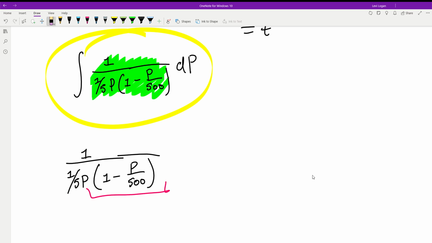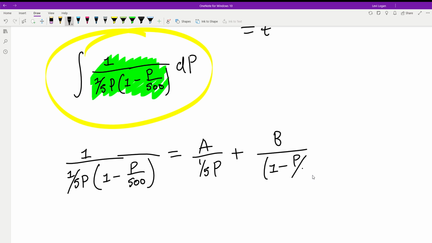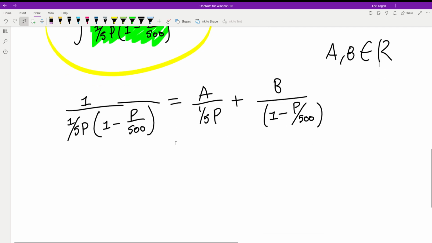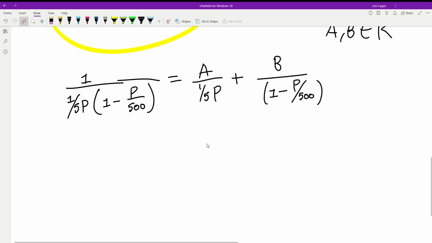So we can break it into two fractions where the denominators are these linear factors: A over a fifth p plus B over 1 minus p over 500, where A and B could represent any number. What we have to do first in order to find these is substitute specific values of p to eliminate the other variable.